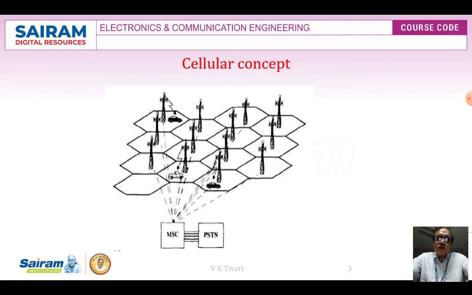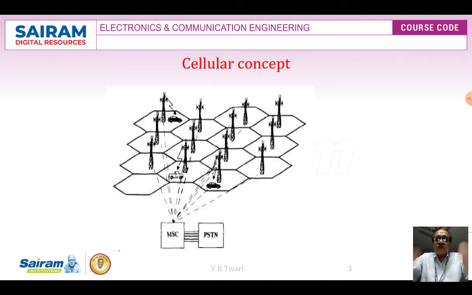In 2G and 2.5G, between the base station and the MSC, there is another unit, the base station controller. What exactly is the base station controller? It has facilities for transport, various equipment, computers, data storage and other things.